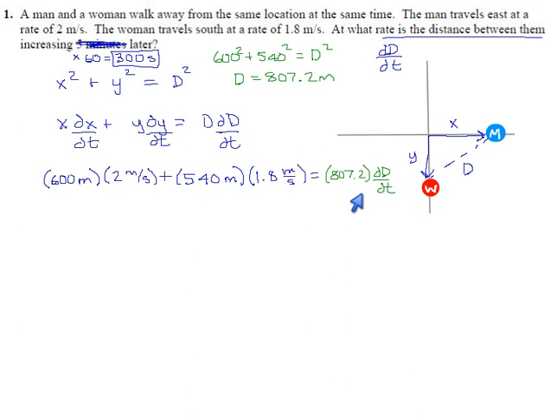And I get the distance rate of change is 2.69. They don't say how much precision they want. I'll go 2.69. That's all right. And it's distance over time, so our units should be meters per second. And it's positive, which means the distance between them is increasing, which makes sense. Neither of them is chasing the other. They're moving apart in two different directions.